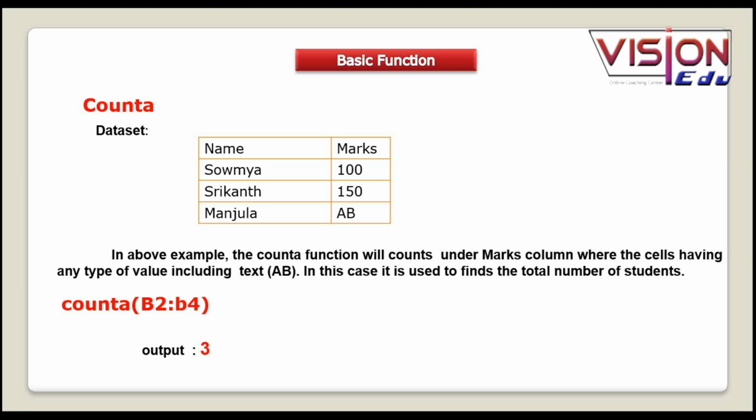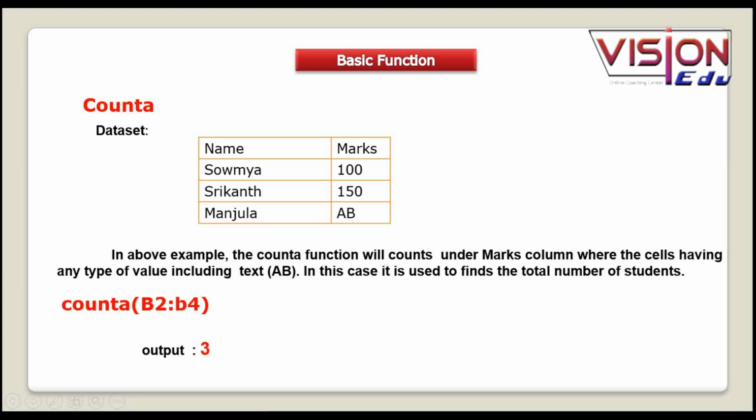Any type of data means number data or non-number data, whatever it is. So including A, B, and absent, where text is given, it counts all the cells which contain some data. In this case, it is used to find the total number of students in this particular data set.